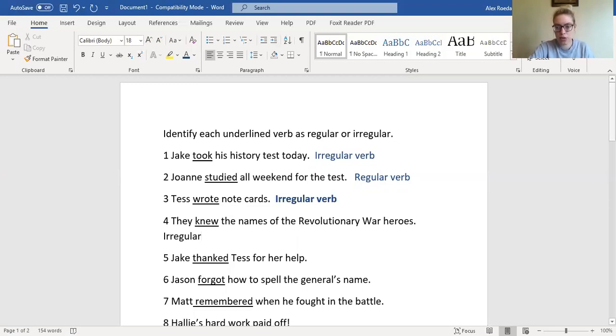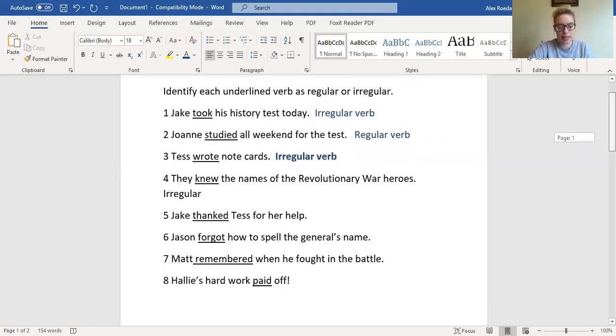All right, so I want you guys to look at 5, 6, 7, and 8 independently, and then we'll go over them together. Remember, I want you to be thinking of, well, what's the present tense of the verb, and am I just adding ed or d to it, or am I changing the whole makeup of the verb itself?